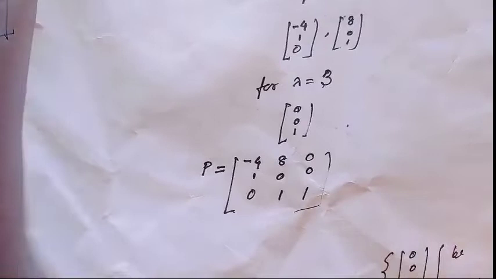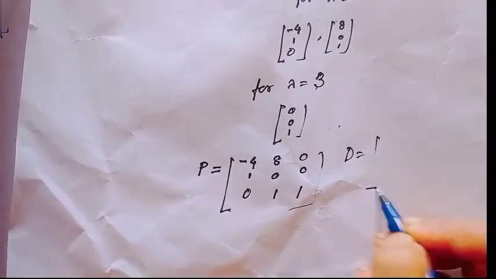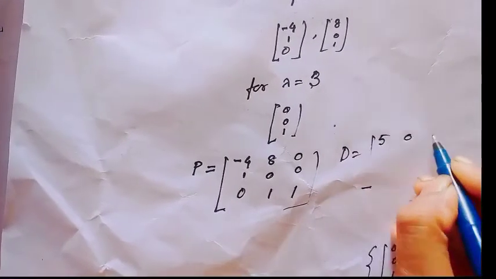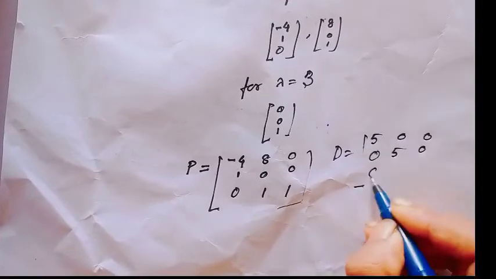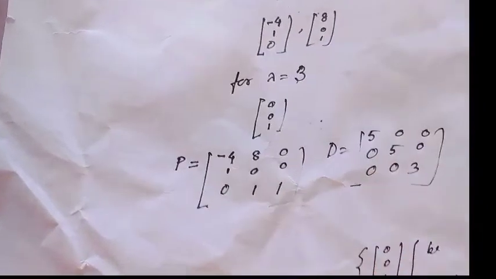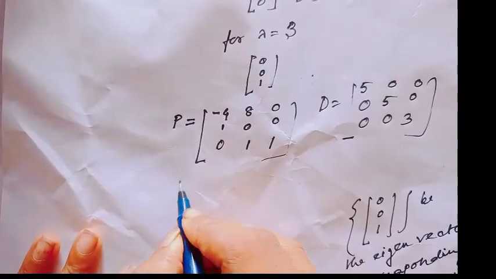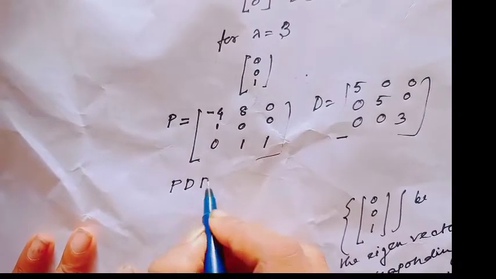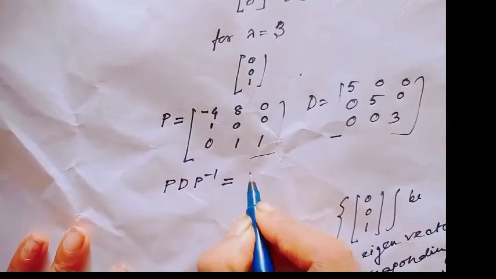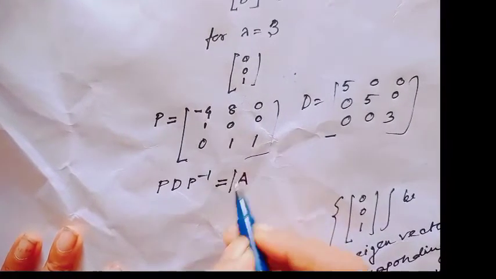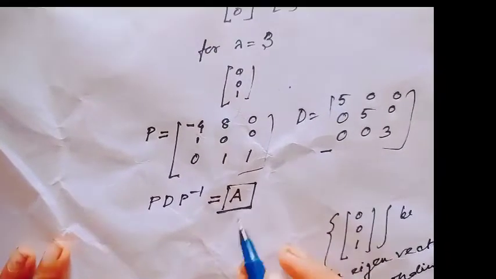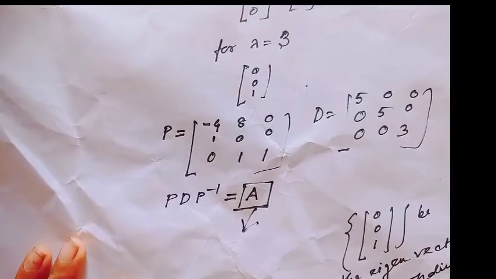And D would be 5 0 0, 0 5 0, 0 0 minus 3, the eigenvalues. Therefore, by the diagonalization theorem, PDP inverse would be the given matrix A. So we can tell the given matrix A is diagonalizable.